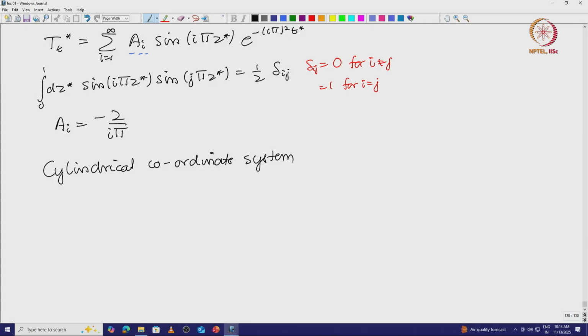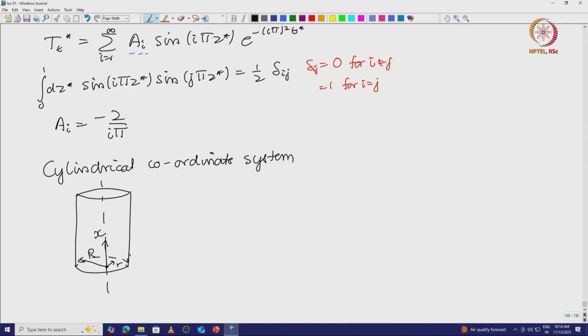We have a cylinder of radius R. I will call the axial coordinate x and I will call the radial coordinate small r.